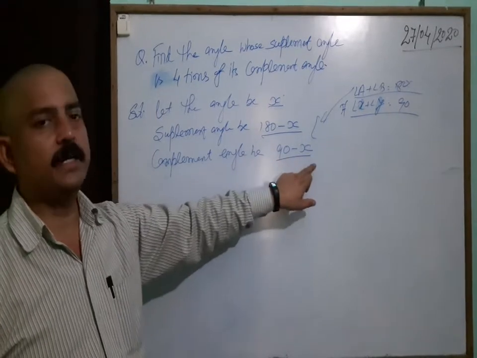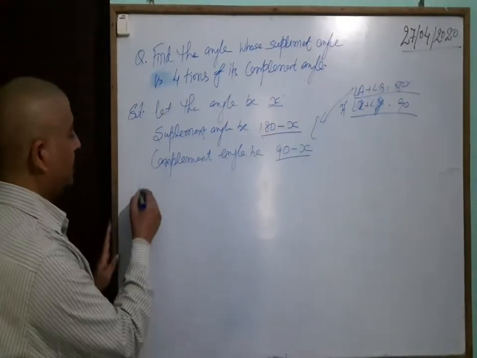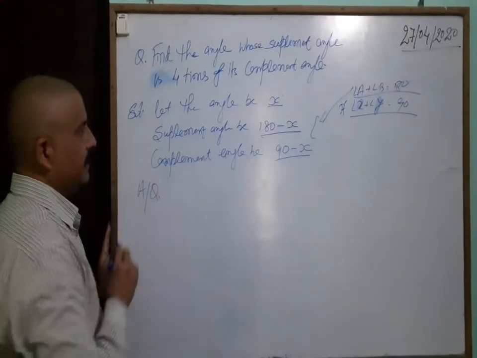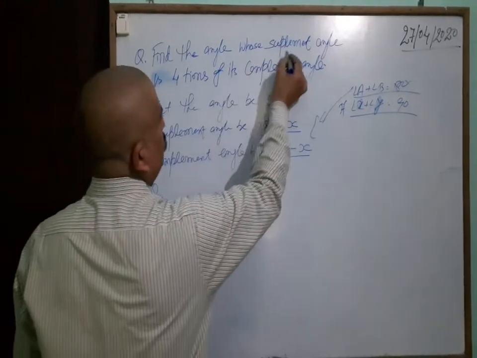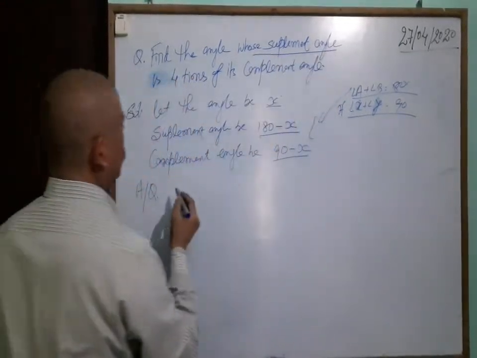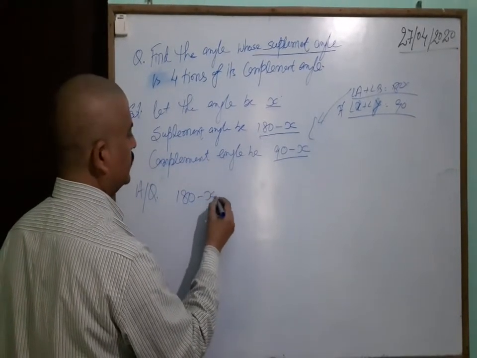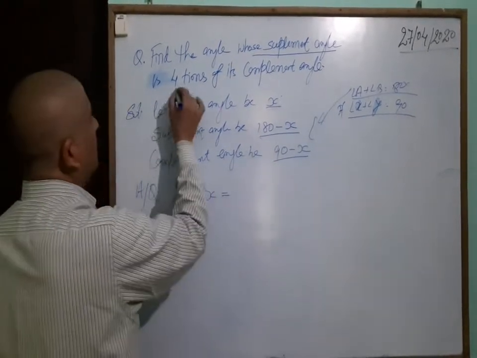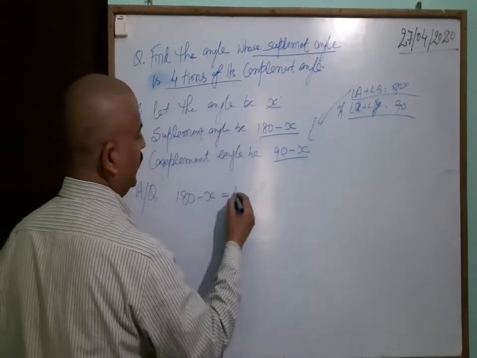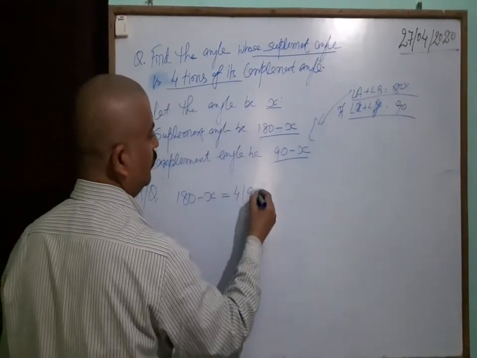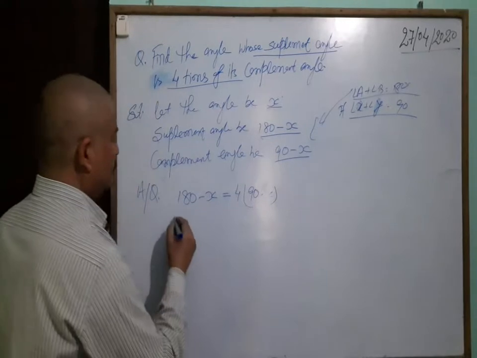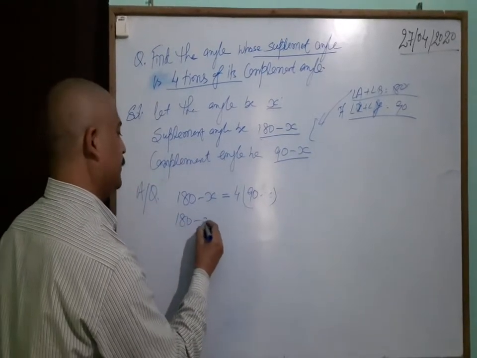According to the question, the supplement angle, 180 minus x, equals 4 times its complement. Then solve it: 360 minus 4x.